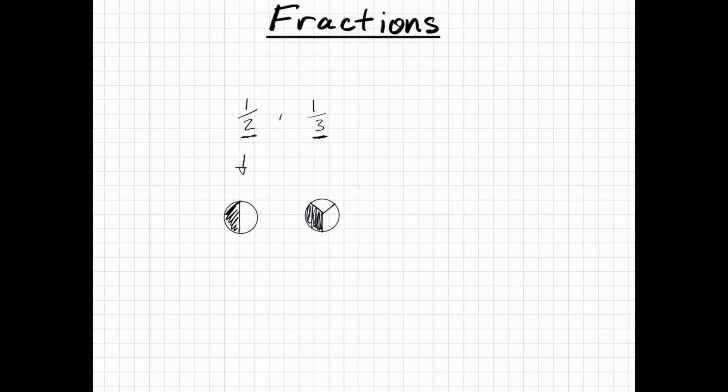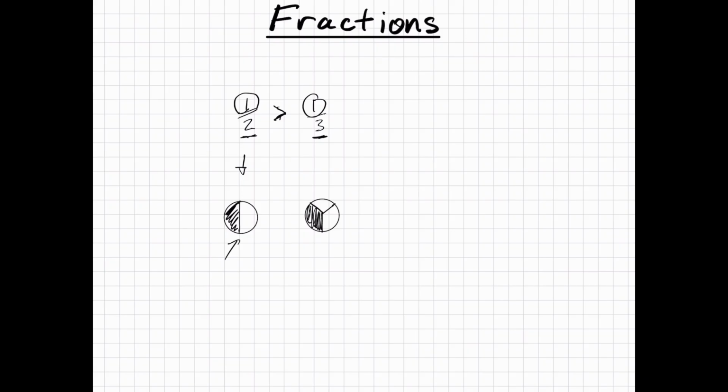Well, it's pretty clear this is the bigger slice because we're breaking it into fewer pieces. So each person gets 1 slice in each case, but the 1/2 slice is larger than the 1/3 slice. This kind of visual demonstration should hopefully help you understand that 1/2 is bigger than 1/3. It's greater than. Its value is larger.